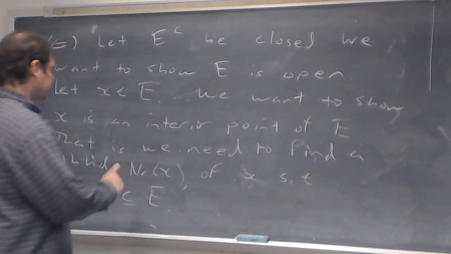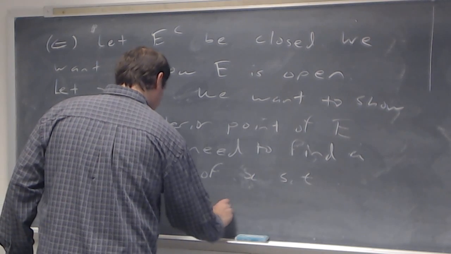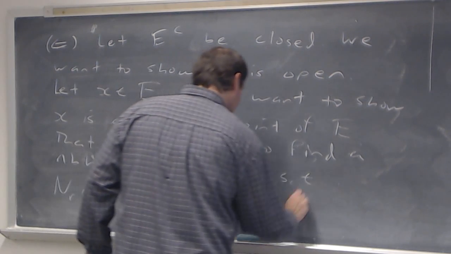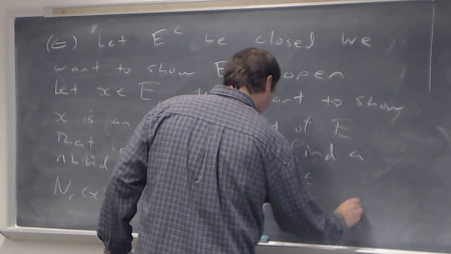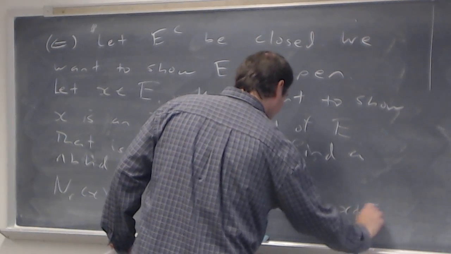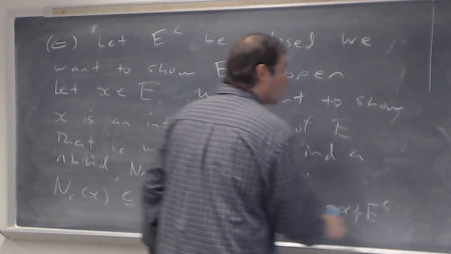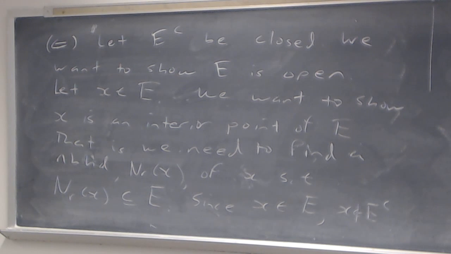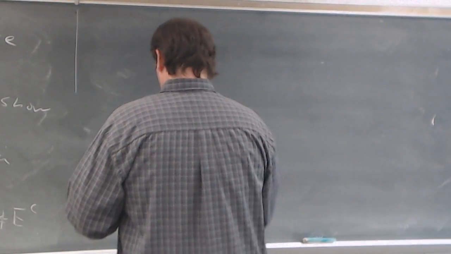Okay, so what are we assuming? We're assuming x is in E. So since x is an element of E, x is not an element of E complement. And what was E complement? E complement was closed. And what does it mean for E complement to be closed? Well, it means it contains all its limit points. E complement doesn't contain x, so it must be the case that x is not a limit point.